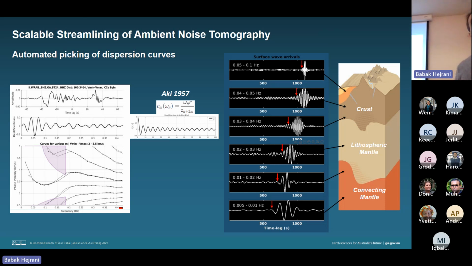But what this method is trying to achieve, what the automated part is trying to partially answer your concern, is that it doesn't matter where the source of noise is coming from. As long as you have a signal like this, you can cut a window of causal and acausal as your surface wave. You're taking a Fourier transform of that, and now you're in frequency domain.